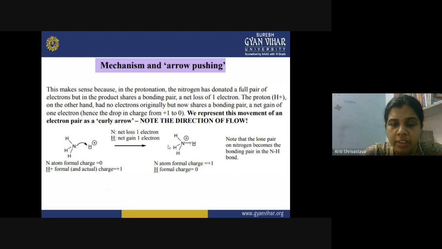So when the electron gain is there, the hydrogen will lose its charge, and when there is electron loss, the nitrogen will gain the positive charge. So now in the product, you can see nitrogen atom formal charge is plus 1, and hydrogen formal charge is equal to 0. You should note that the lone pair on the nitrogen becomes the bonding pair in the NH bond.